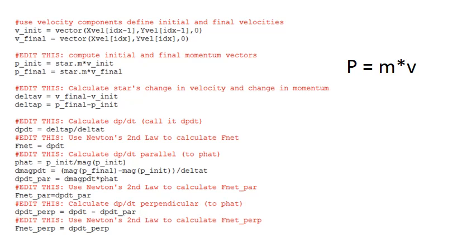We then use Newton's second law in the form of the momentum principle to calculate Fnet in terms of its perpendicular and parallel components. We know that Fnet equals dp over dt, and p hat, the direction of dp over dt parallel, is the initial momentum over the magnitude of the initial momentum. So then, the magnitude of dp over dt parallel is the magnitude of p final minus the magnitude of p initial, all over delta t.